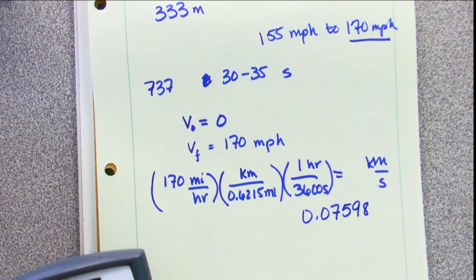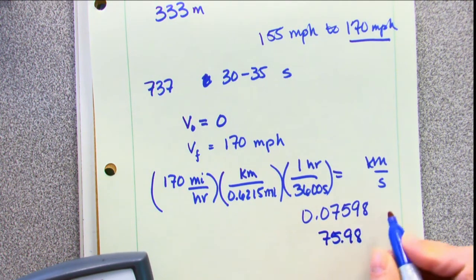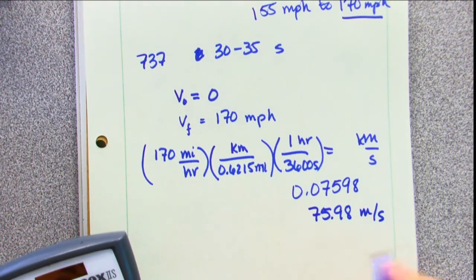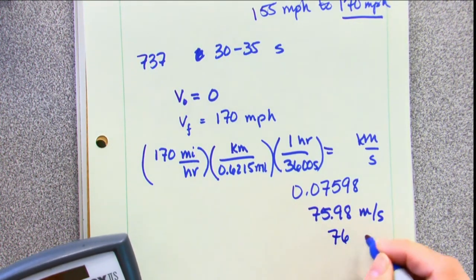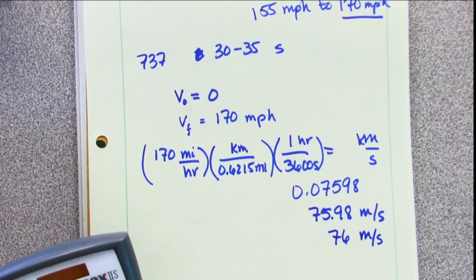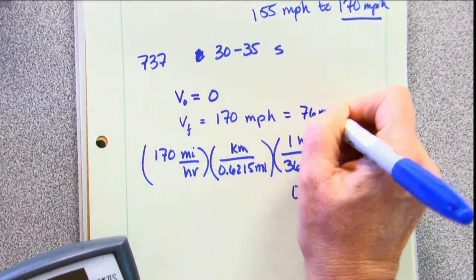And if I multiply that by 1,000, because there's 1,000 meters in a kilometer, that's 75.98 meters per second. And just to keep numbers simple, we're going to go to 76 meters per second. So that's going to be 76 meters per second.